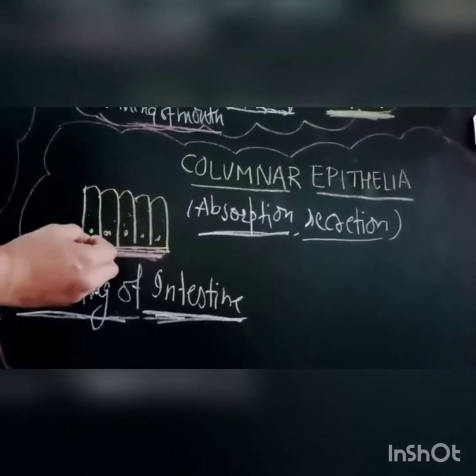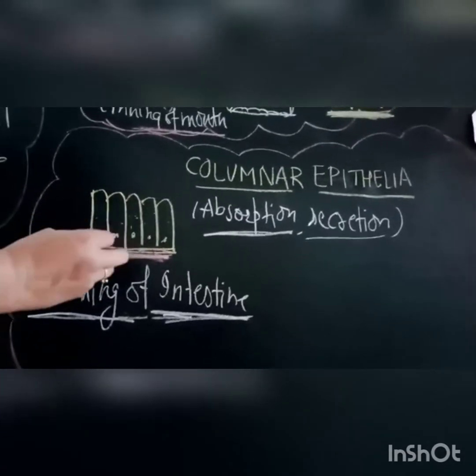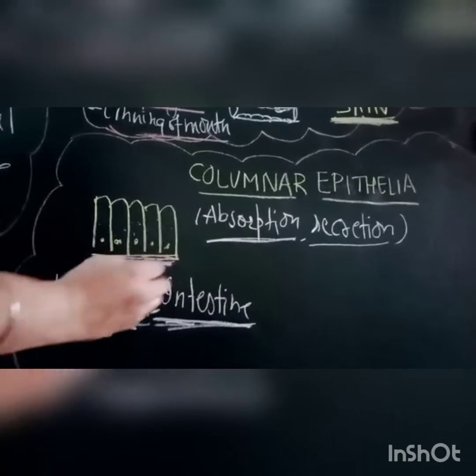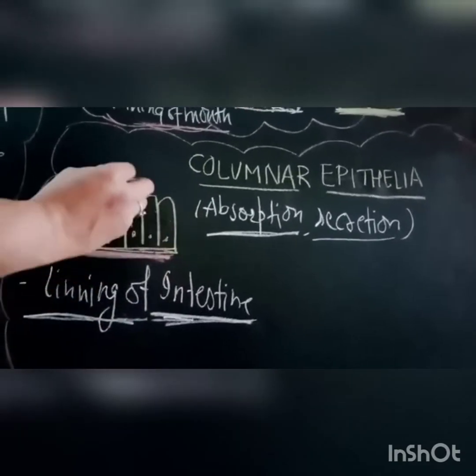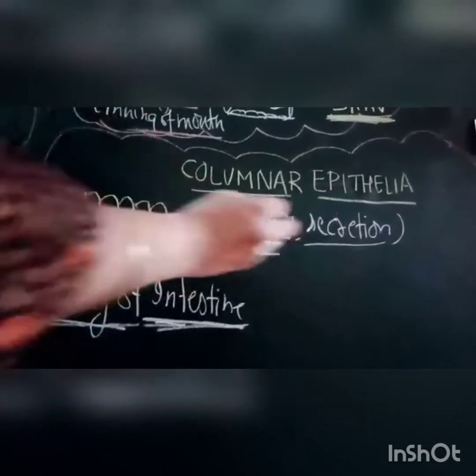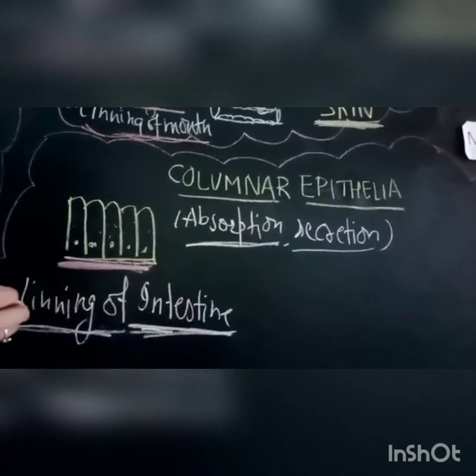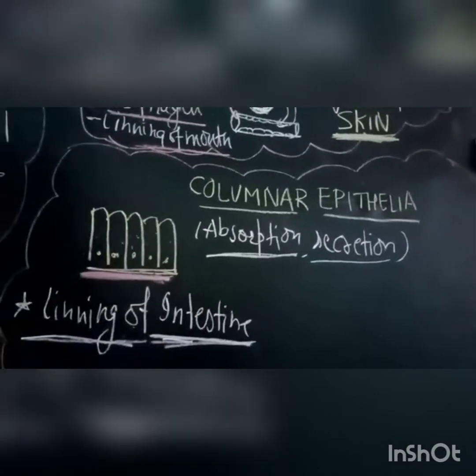So columnar epithelium, the cells are taller than their width. Basement membrane is there, and they are present where absorption and secretion should be there. And the best example of this is the lining of intestine.